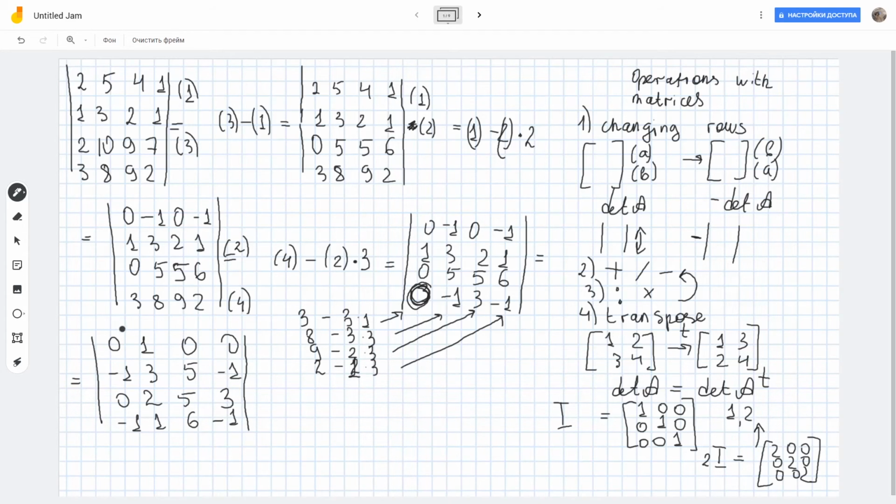So now it's very easy to find the determinant of this matrix. As you remember, we have special signs here.